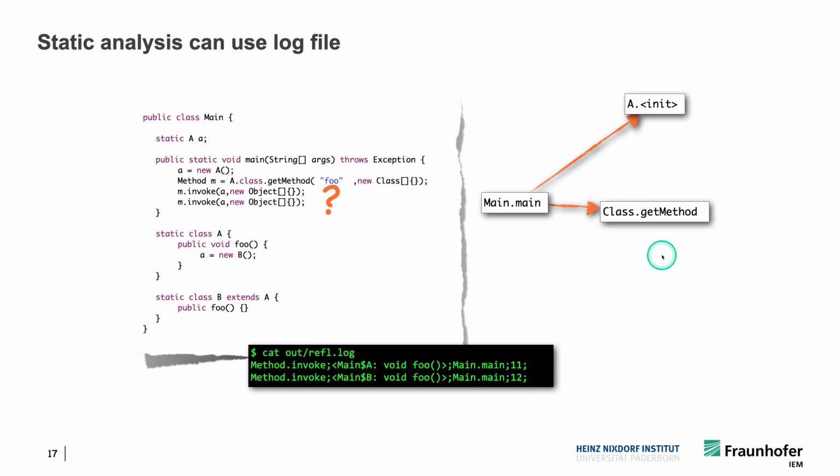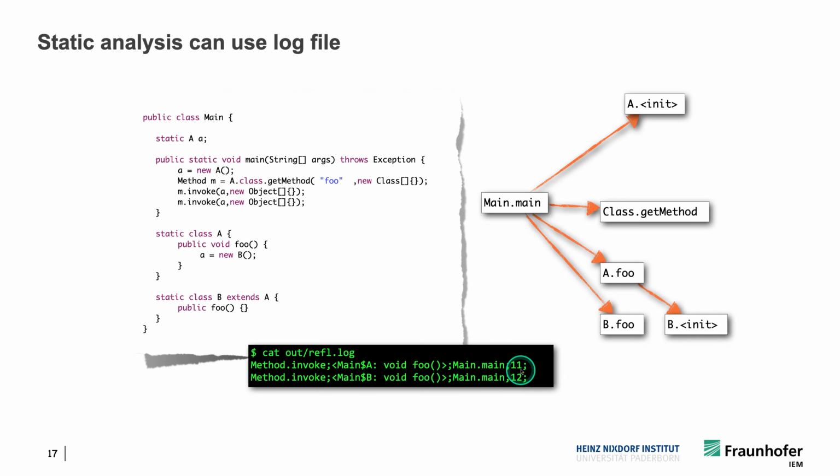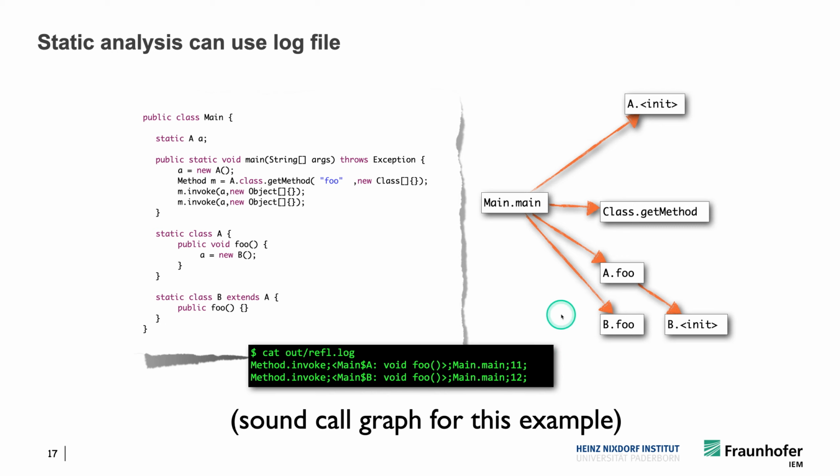Now, we have implemented an extended version of Spark that is able to parse these logging files here and make sense of them. And so it will take a look at this and actually incorporate this into its call graph. And in particular here, it will figure out that we are actually instantiating these different types of objects here.